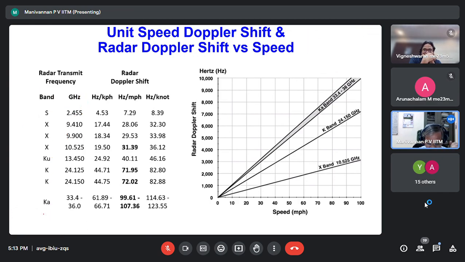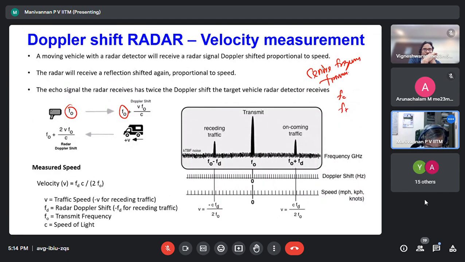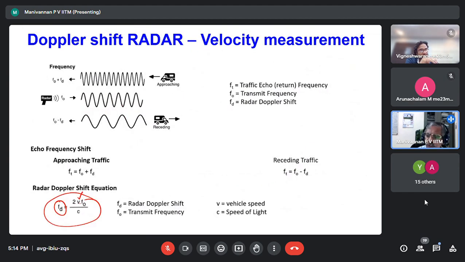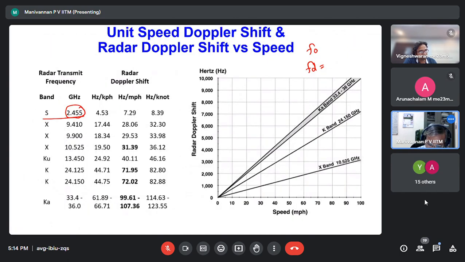Next thing is, now if I am using an S-band radar, its center frequency is this. Now we know that that is F0. What is the FD? FD, you already know the formula: 2 into V divided by C, multiplied by F0. Correct? Now, if this F0 is 2.45 gigahertz, what will be the FD?